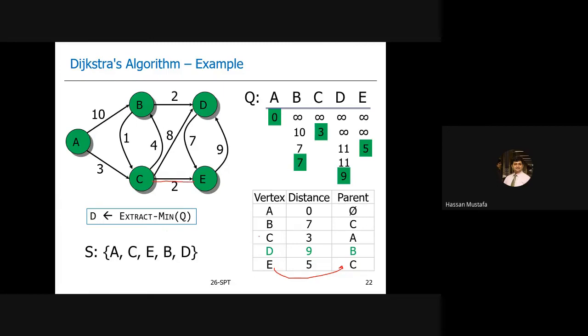So how do I reach C from node A? I check the parent of node C, that is A, which means that I would simply use this direct connection between A and C. So the path that I have found is that from A I would reach C, and from C I would reach E.